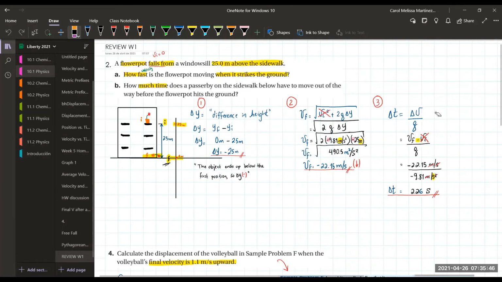So, as you can see, I have delta T. Delta T, I don't have it, but I can get it easily. Because I have the two velocities, the final and the initial velocity, and I have the gravity. So let's begin with working with that time.